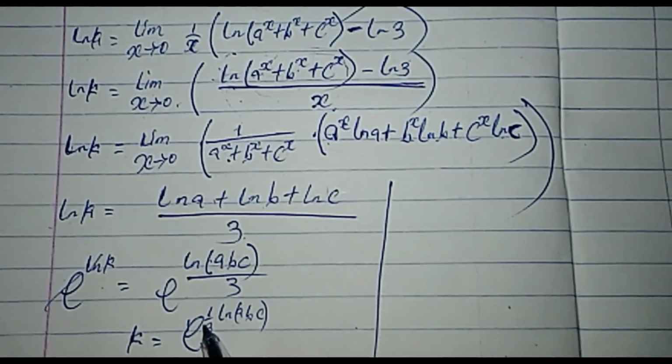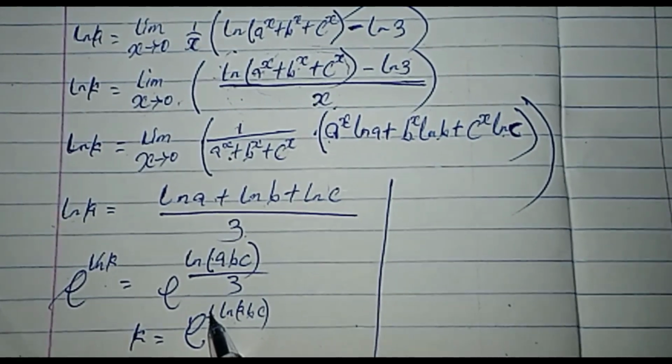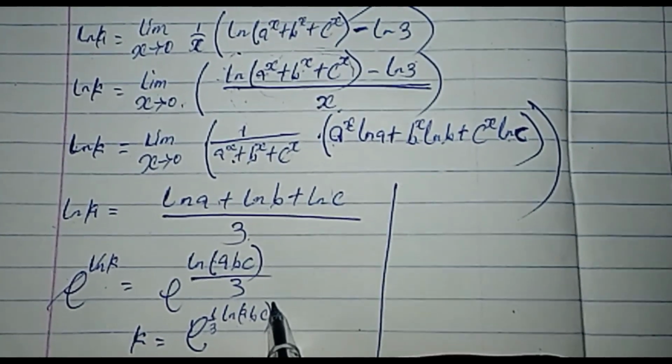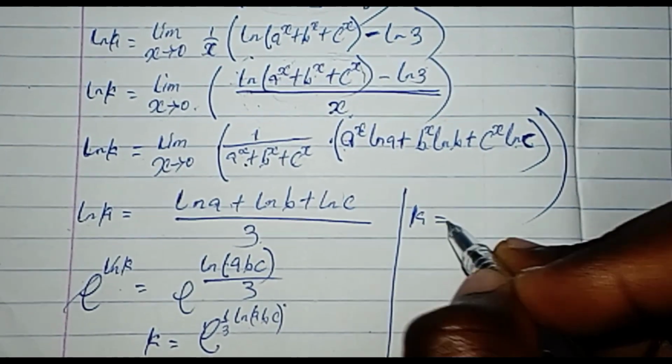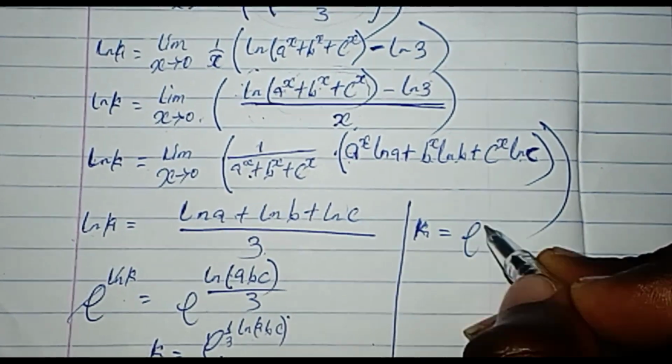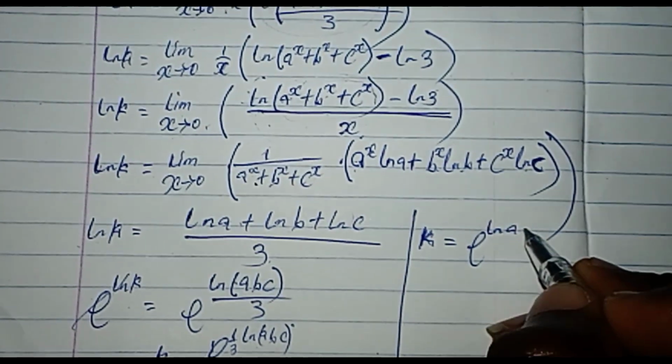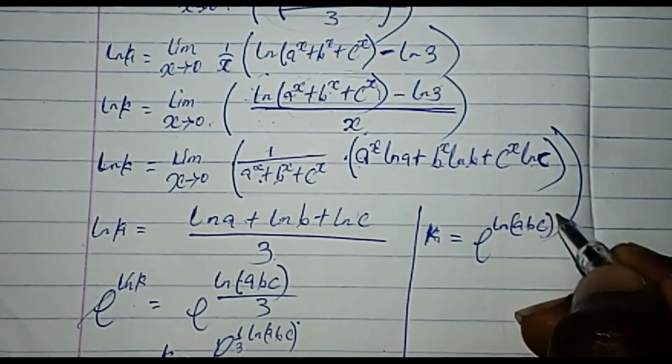According to logarithm, we can take this at the back of it to the power. And when we do so, we have k equal to e to the ln abc to the power of 1 over 3.